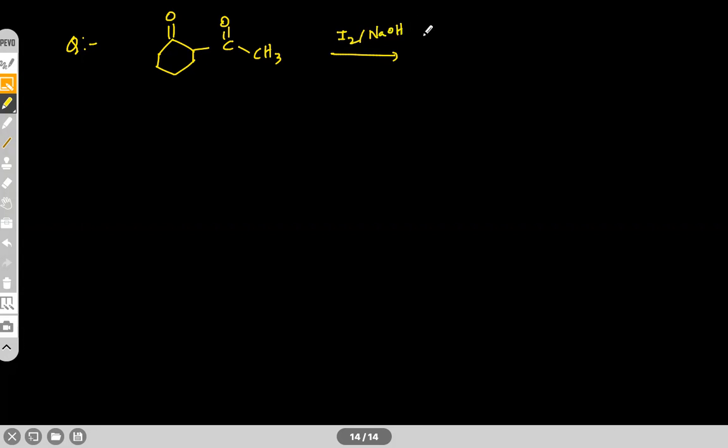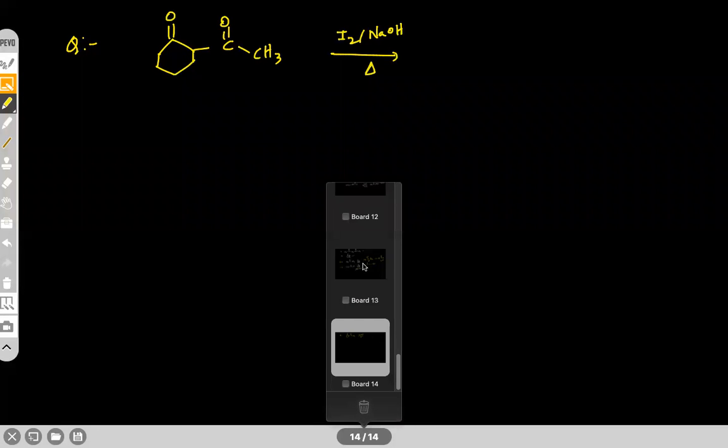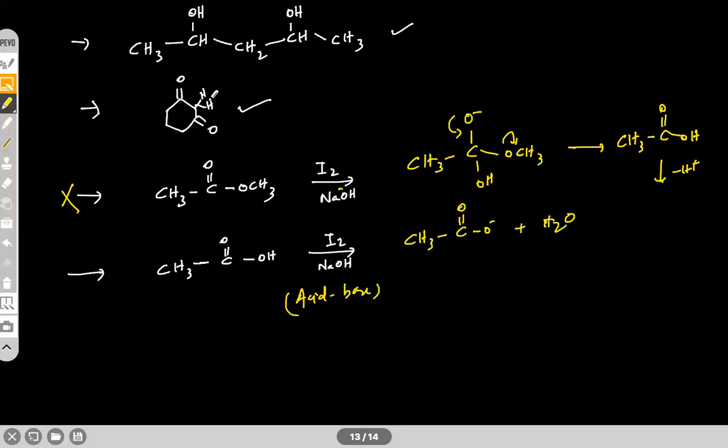This is the iodoform reaction. And we are heating this also. This is different. We are heating it. Okay, we'll do this. Just let me go back. Which one, Param? This one? Yes, sir. Okay. Could you write down the final product in this reaction?